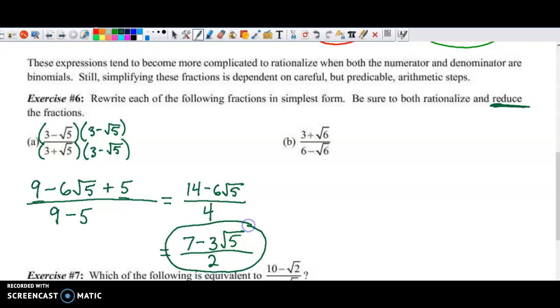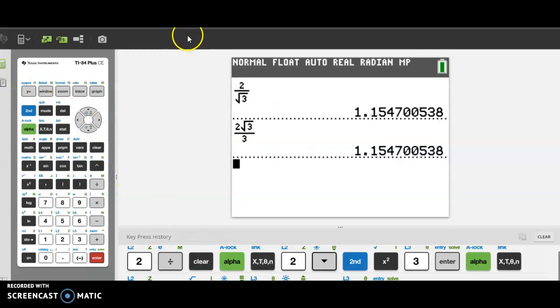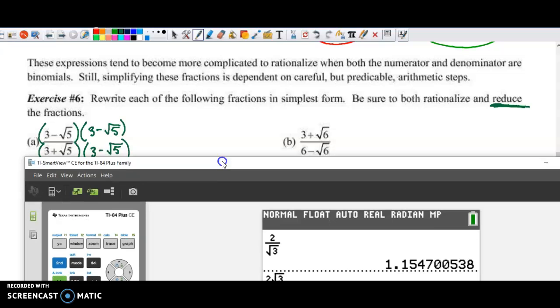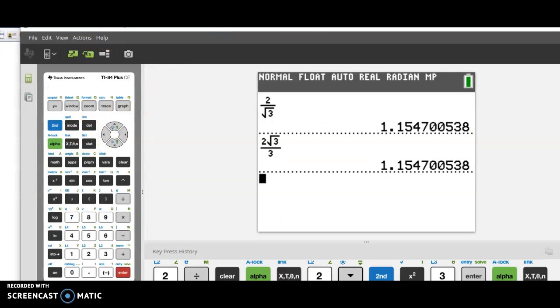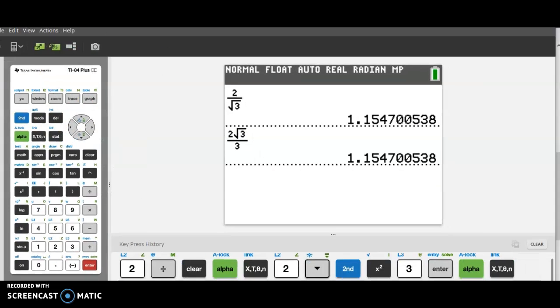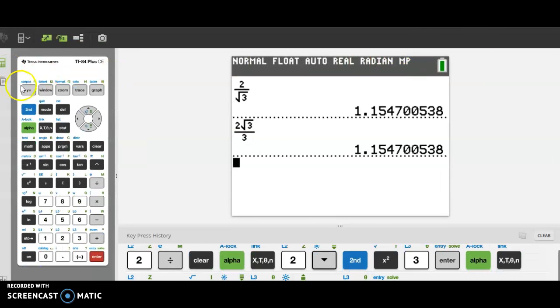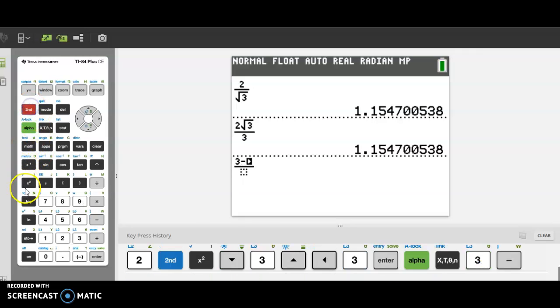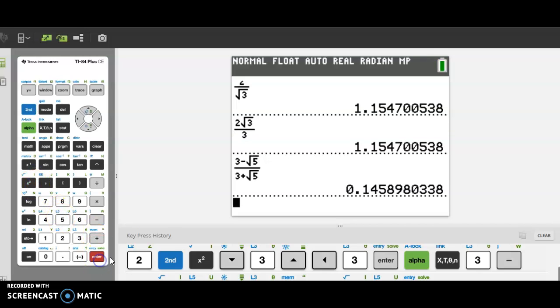If you're not quite sure that that is correct, we can use our calculator to double check. 3 minus root 5 over 3 plus root 5.